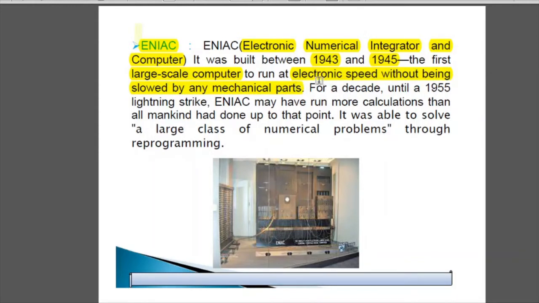For a decade until 1955 lightning strike, ENIAC may have run more calculations than all mankind had done up to that point. So from 1945 to 1955, ENIAC calculated a lot.